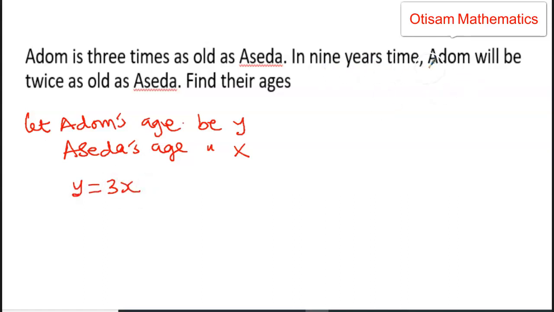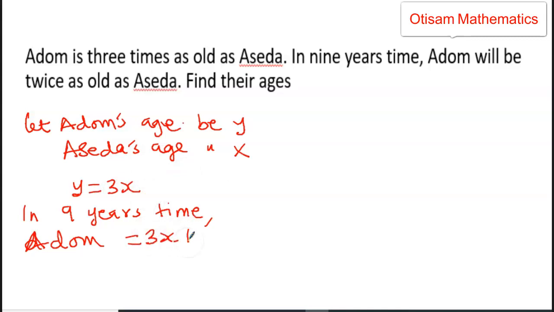In 9 years' time, Adam will be twice as old as Asida. So in 9 years to come, Adam will be 3x plus 9, and then Asida will be x plus 9.